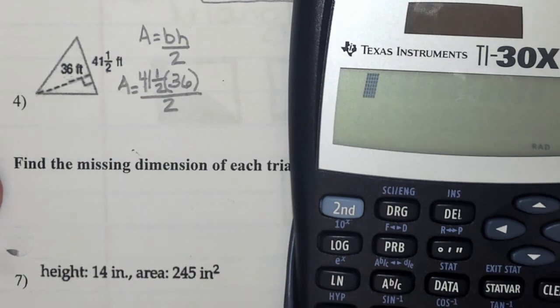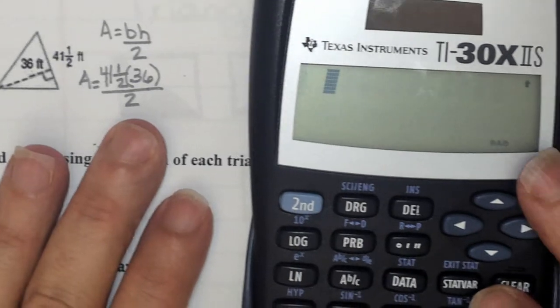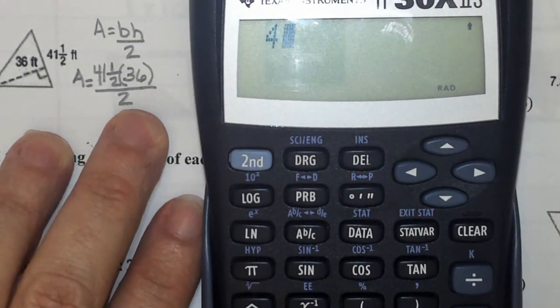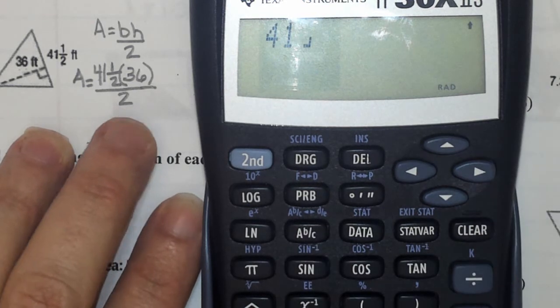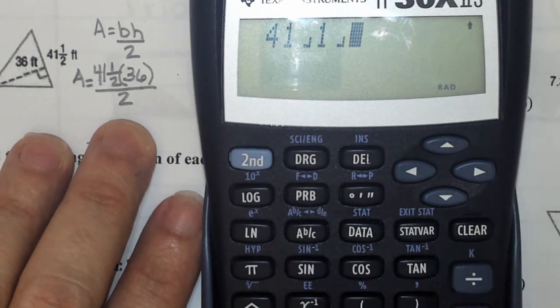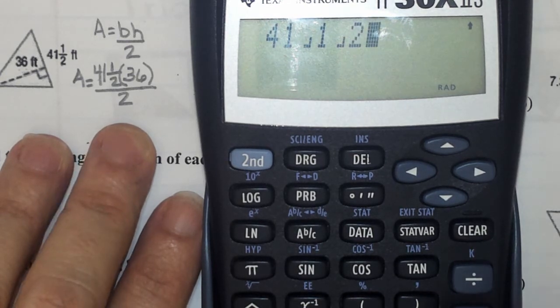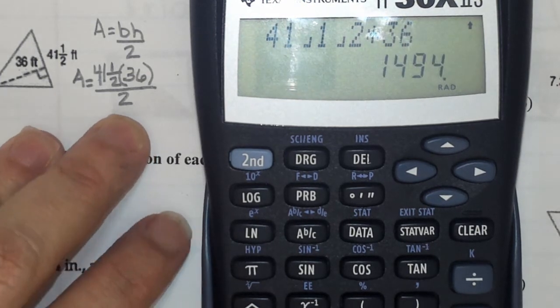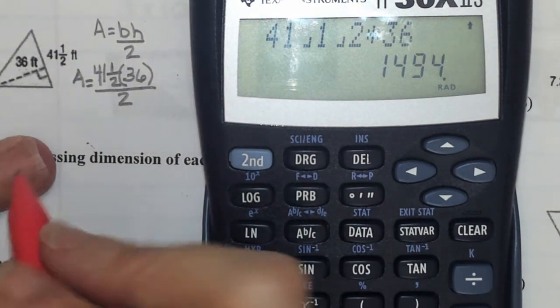Here we go. I'm trying to teach you these fractions. So 41, ABC, 1, ABC, 2, times 36 equals. Ooh, we got a nice pretty whole number.